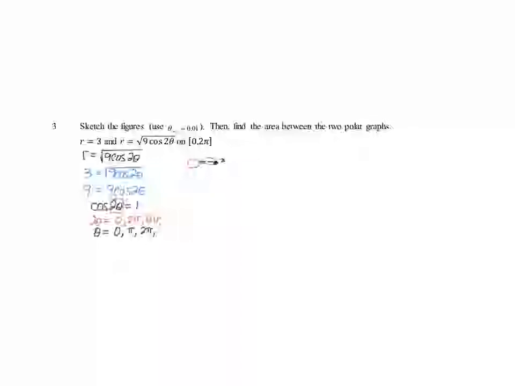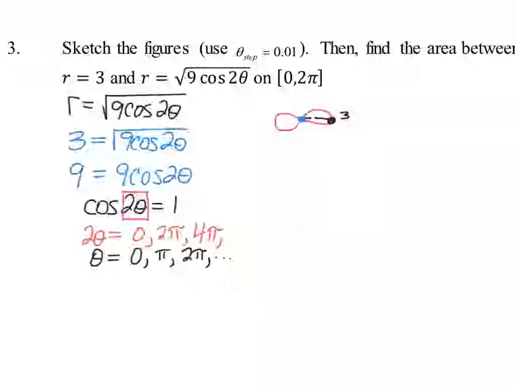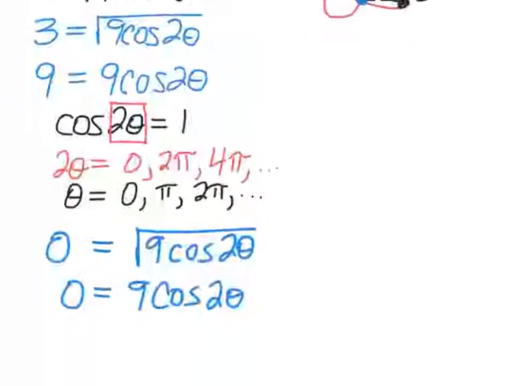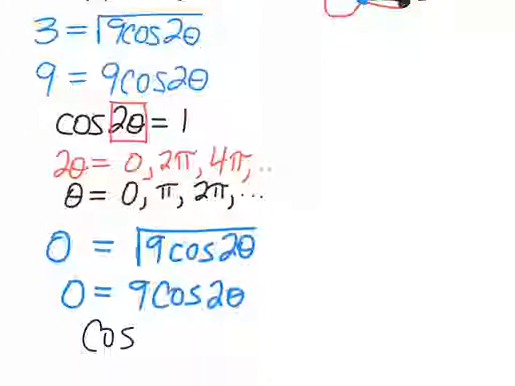So now I need to determine where it's going to hit the pole. We're looking at where 0 would be equal to the square root of 9 cosine 2 theta. So 9 cosine 2 theta would be equal to 0 if I square both sides. Divide out the 9, and you get cosine of 2 theta is equal to 0.